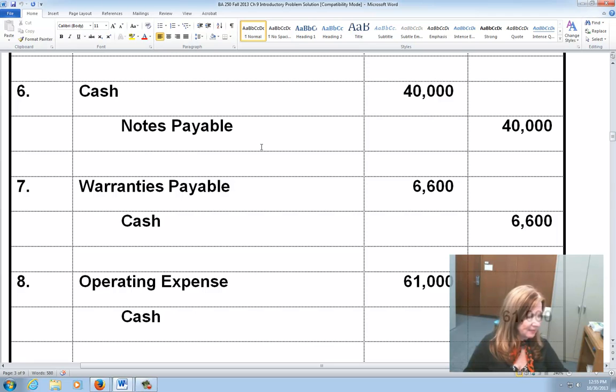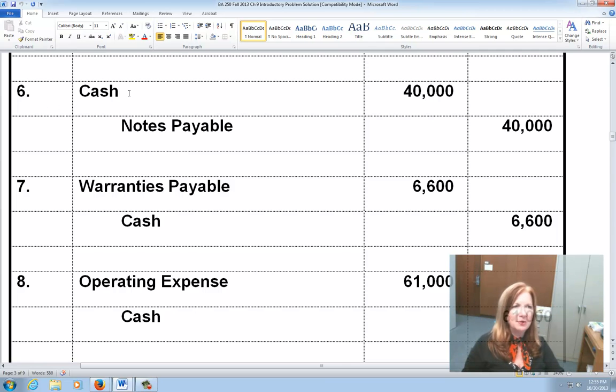Number 6 says, on September 1, 2013, borrowed $40,000 from the local bank. The note had a 6% interest rate and matures in March 2014. So I'm going to debit cash.